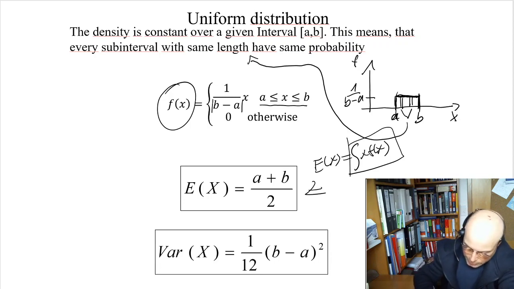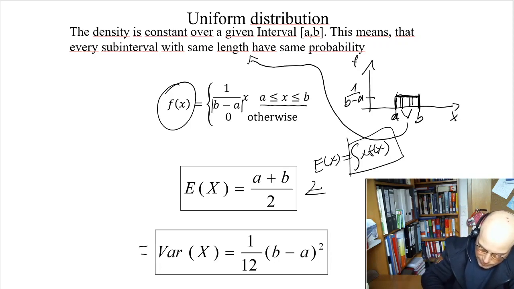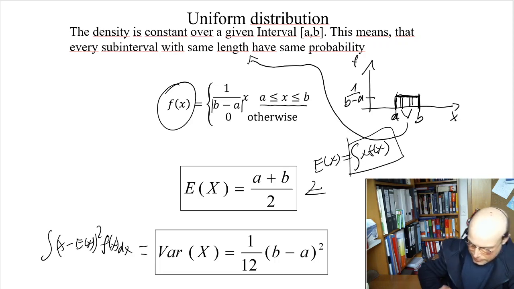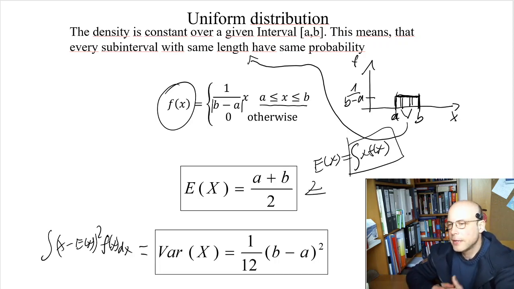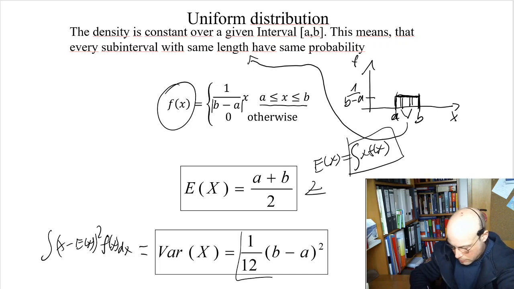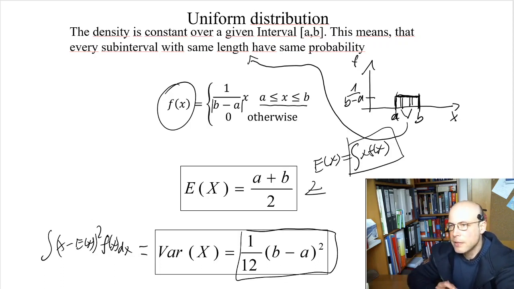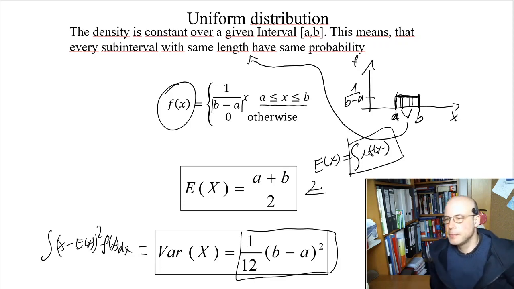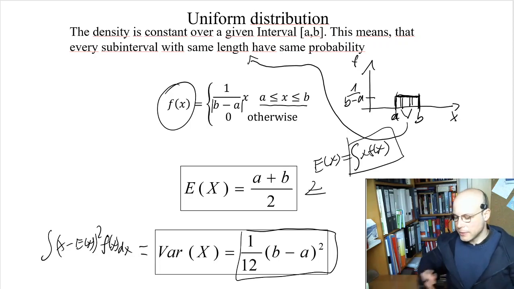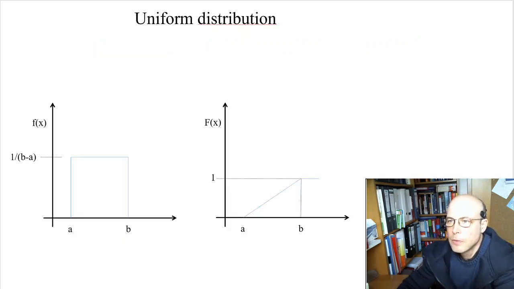But if you then put in the other formula, the integral of (x minus E of x) squared times f of x dx, then we end up with the variance. And if you do this, I think I will give you this as homework, you end up with variance is 1 over 12 times (b minus a) squared. This, of course, then looks like this.